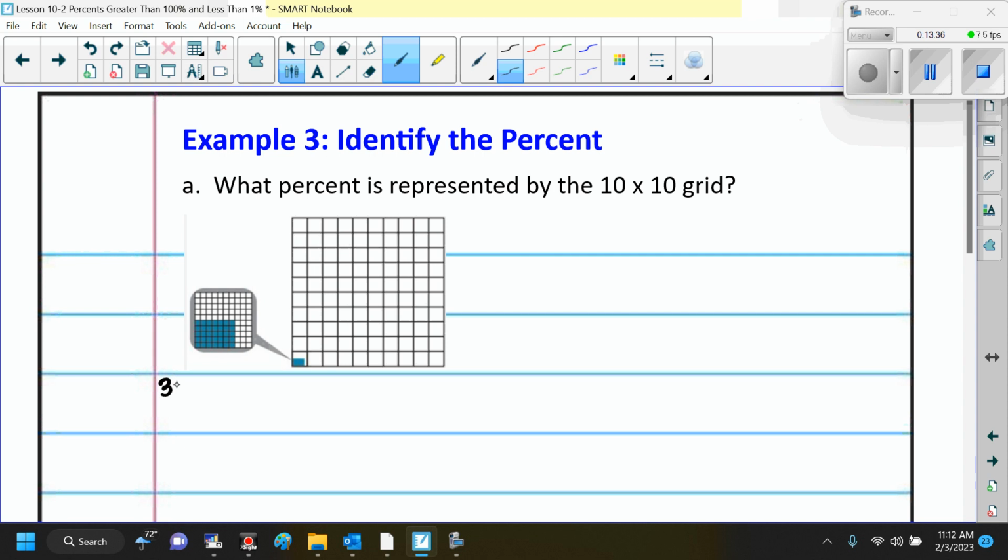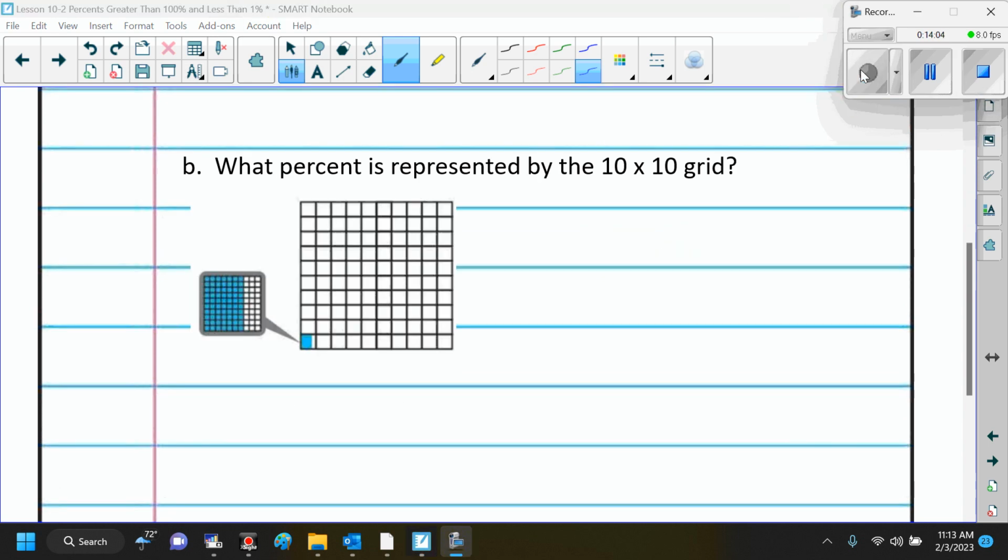What decimal is that? 0.35. 0.35 of 1%. Is everybody clear with that? So if I want to tell what percent that is, that's going to be 0.35%.